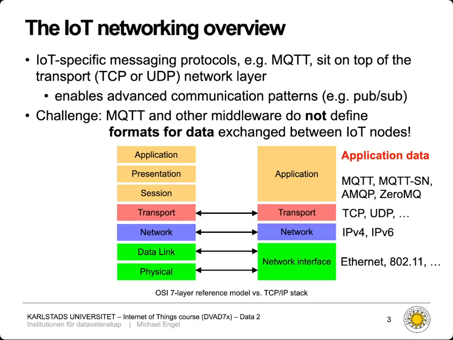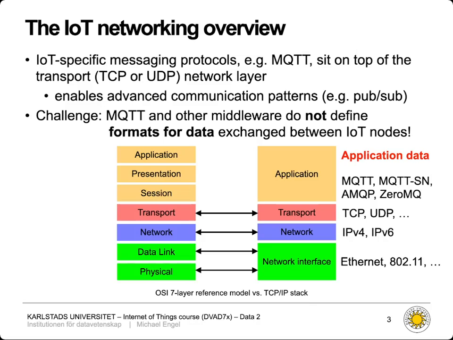And on top of this, we run IP on the network layer, so IPv6 or IPv4. And on top of IP, we have a transport, which is commonly either TCP or UDP. Now, we've also seen that just using TCP and UDP itself is problematic for many of the communication patterns we want to enable in IoT systems.